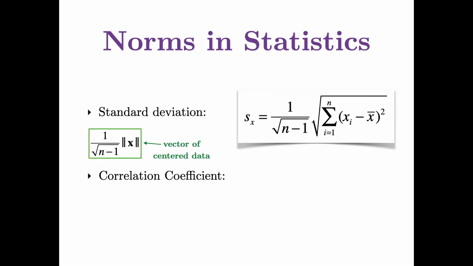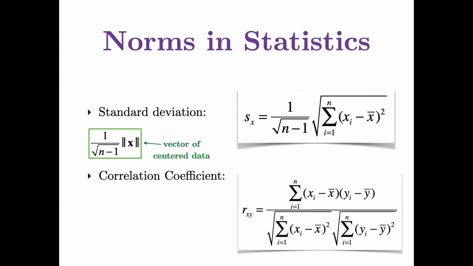One of the ways that's done is by having a line at the beginning of every statistics textbook that says, throughout this textbook, we're going to let our data be centered. What we mean by centered data is that for every observation, we've subtracted the mean. So once we've done that, if this is a vector of centered data, meaning the mean is assumed to be subtracted from every element, here I just have the square root of the sum of squares. Well, that's the 2 norm. So the standard deviation is a 2 norm.